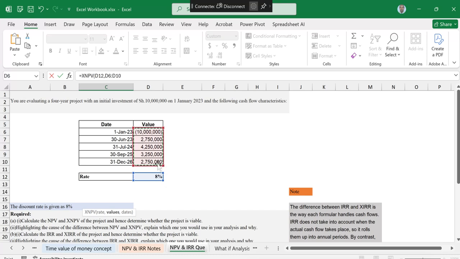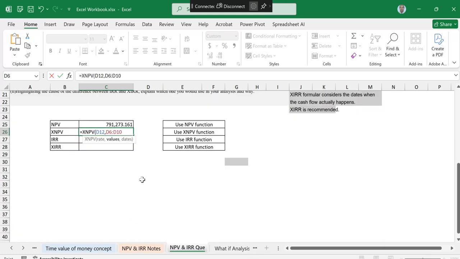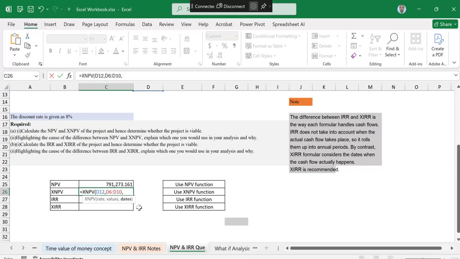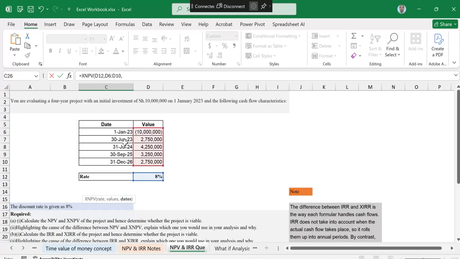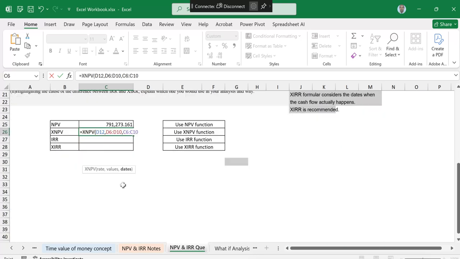Then comma, and now pick the dates, from the first date of 1st January 2023 to the last date of 31st December 2026. Then you close the bracket, and that becomes your XNPV.